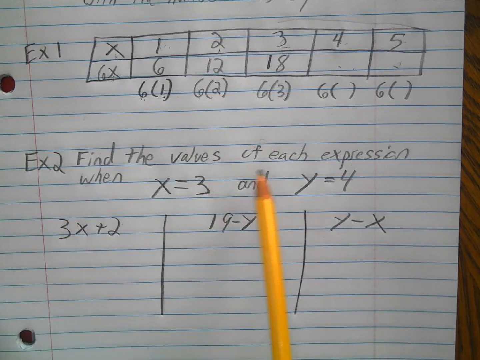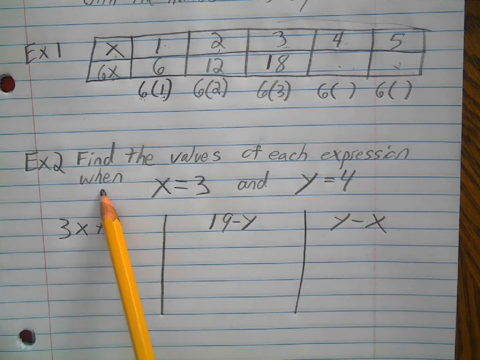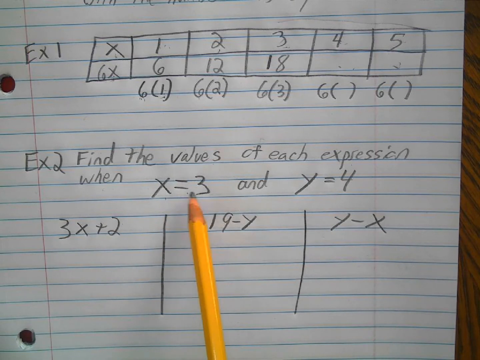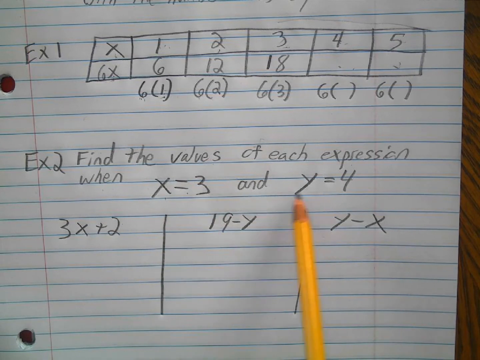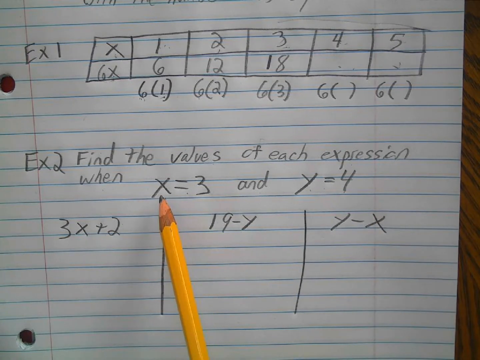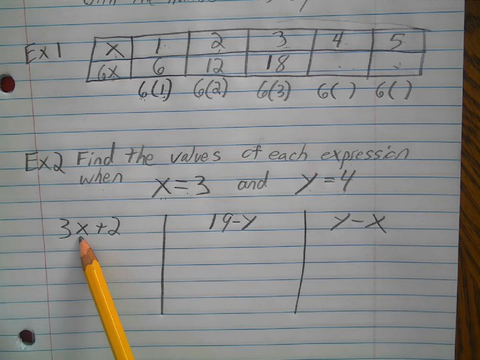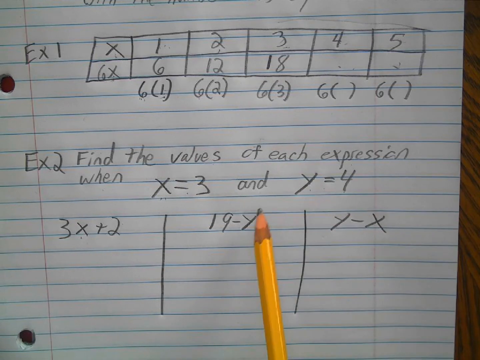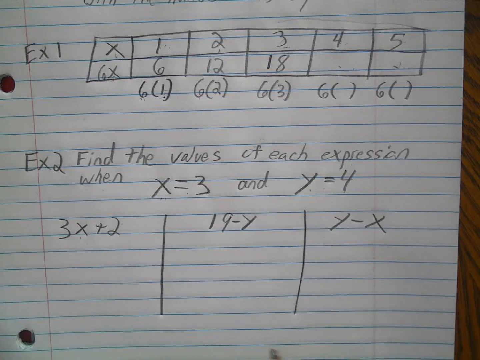Find the values of each expression when x equals 3 and when y is 4. So what we're going to do is substitute everywhere you see an x, we're going to put a 3. And everywhere you see a y, we'll put a 4. Alright?